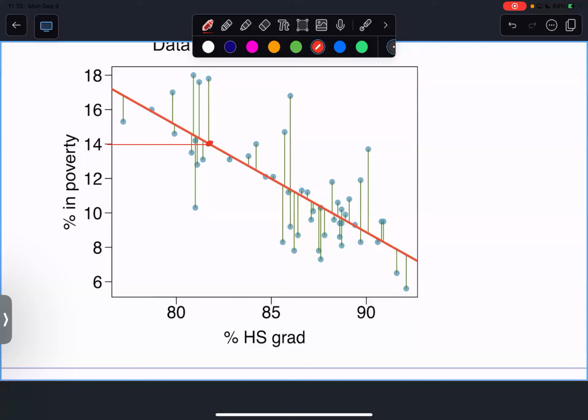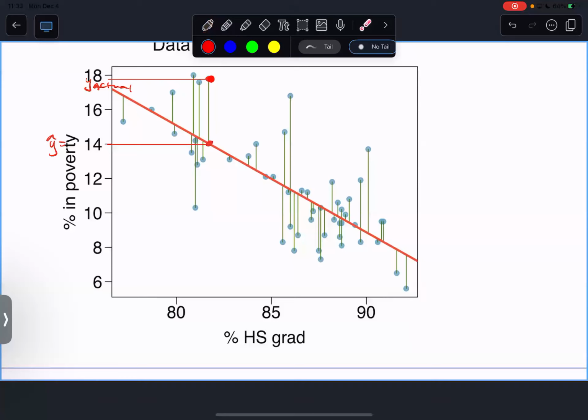Let's do this. Y hat is 14. So the predicted value of y is 14, whereas the actual value of y is 17 point something. That distance is what we call the residual. Notice that they're at the same value of x, so that's how we can find them.